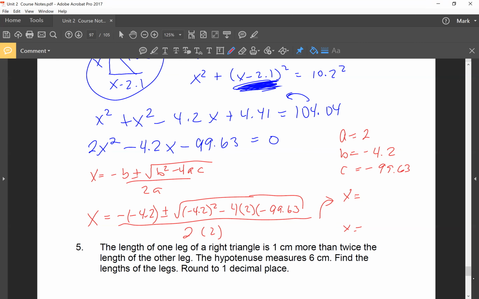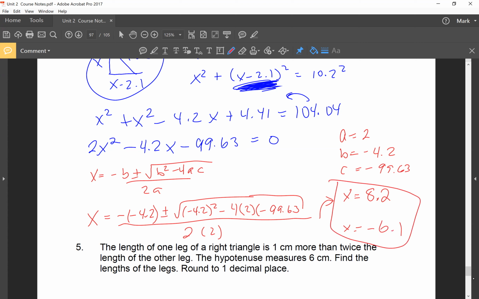Okay, so my positive term, when I add this, I get 8.2. And when I subtract this, I'm going to get negative 6.1.